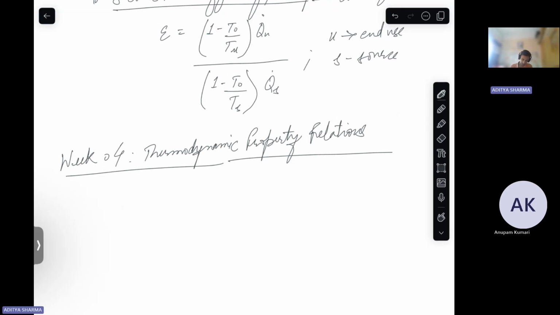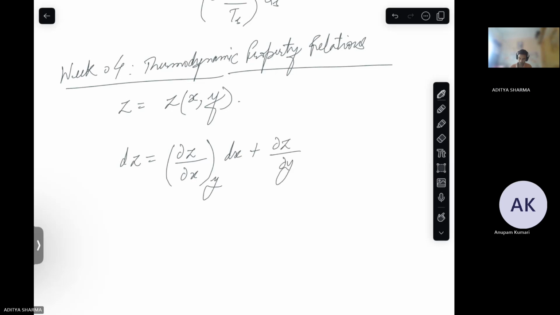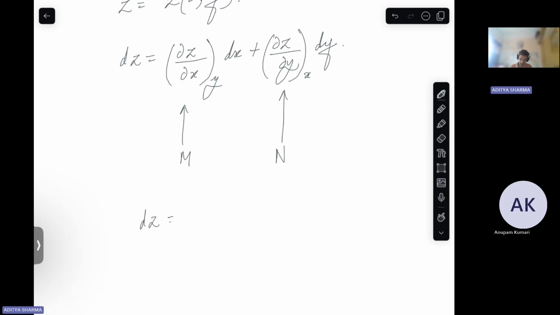So let's say we have some function z, which is a function of x and y, and this is an exact differential. So if it is an exact differential, we can write it in this form. Now if we give this term M denotation and this term N denotation, this becomes dz equals M dx plus N dy.